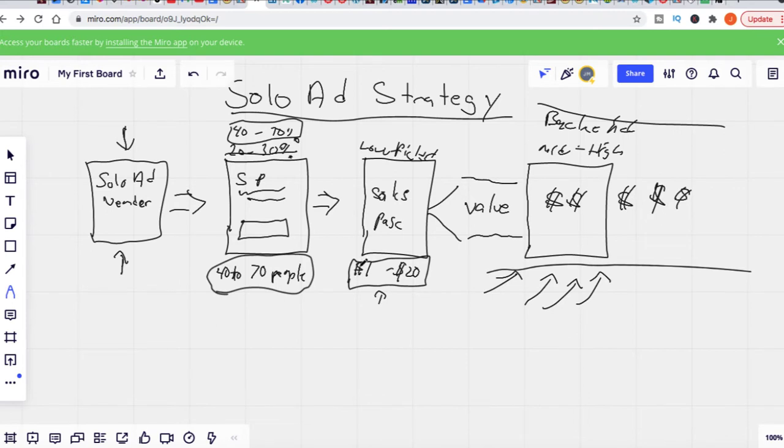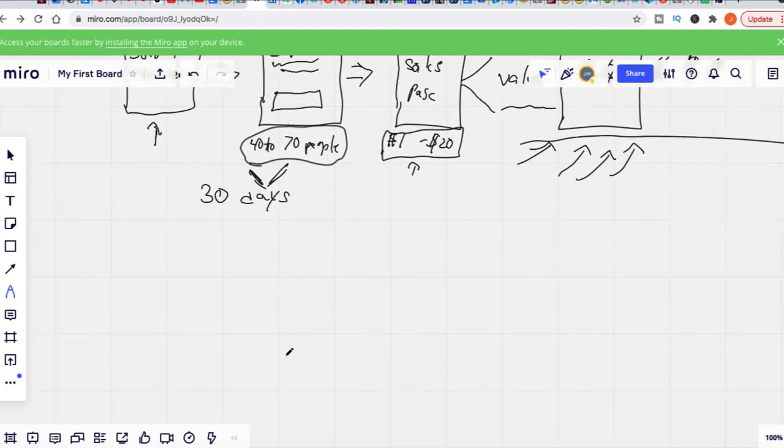What I like to think about with solo ads is a 30-day return on investment. So you want to look at whether, from the date of buying your solo ad, you got some sort of return within 30 days of these leads coming into your funnel. And what you really have to do at this point is run a solid email marketing strategy.